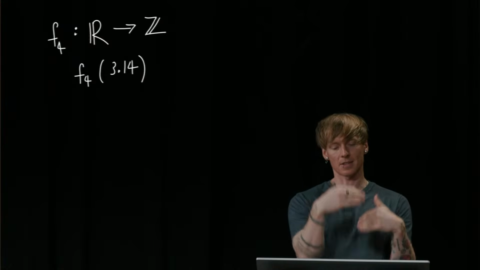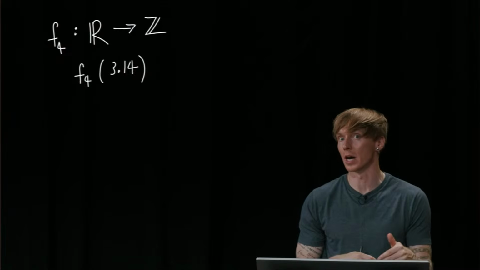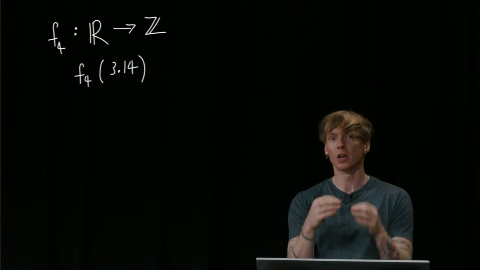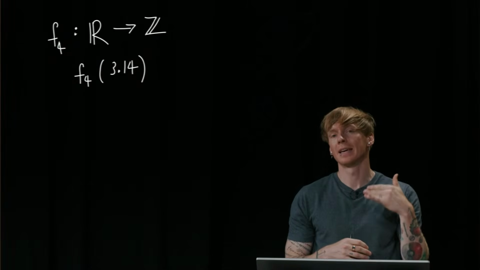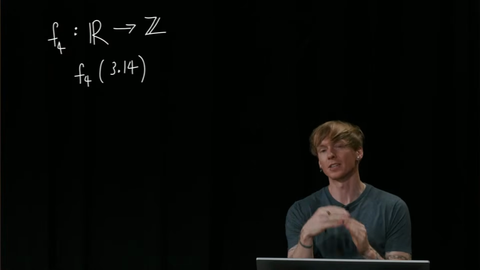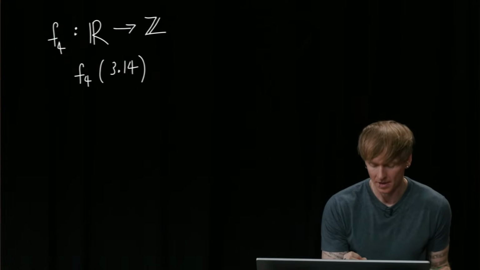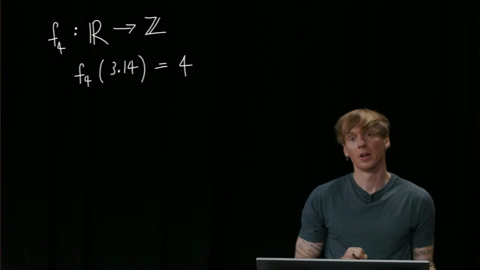So you take the number that we have and go up. You always round up. So it's not a rounding function. You're always going up with the ceiling function to the next integer. So if we're at 3.14, we've gone past 3, so we have to go up to 4. Applying the ceiling function here will output 4.